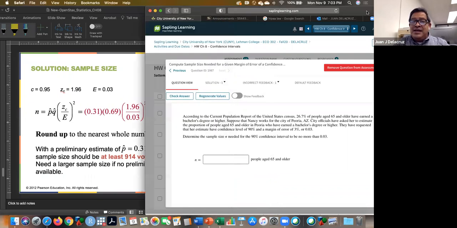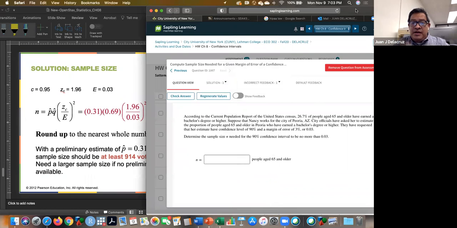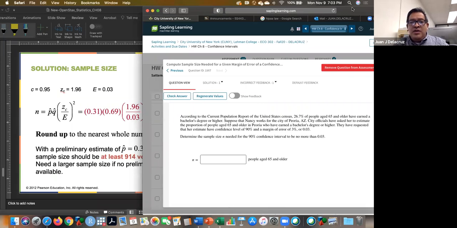So in this case, we have the P. The P hat is the sample proportion. Well, this is the population proportion. That's a very good point. According to the current population, well, you have a P in this case.